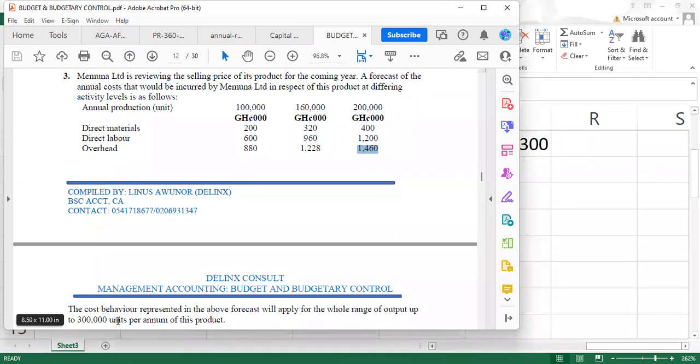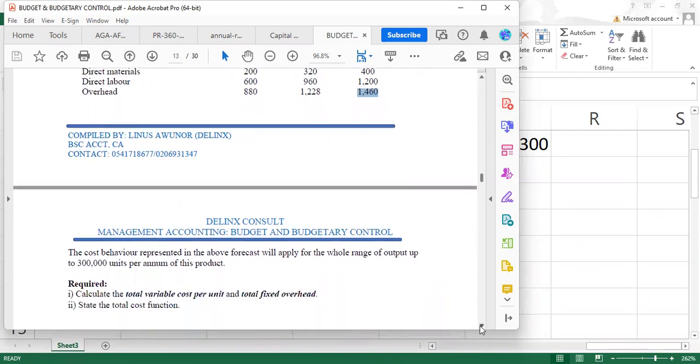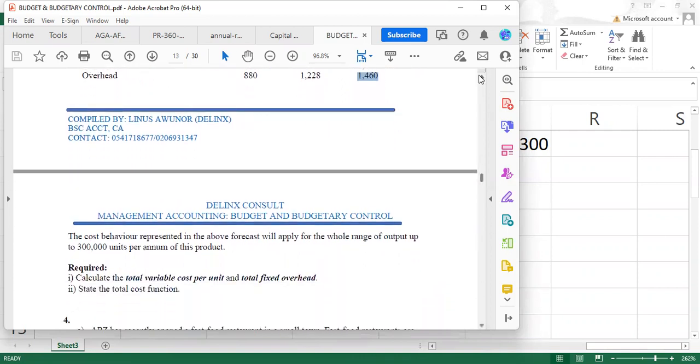The question you have asked is also relevant to the high-low method sometimes. If the output level is higher than that, what do we do? Don't worry, there is a question under short-term decision making. We'll do the high-low under short-term decision making very well. Can we move on now?